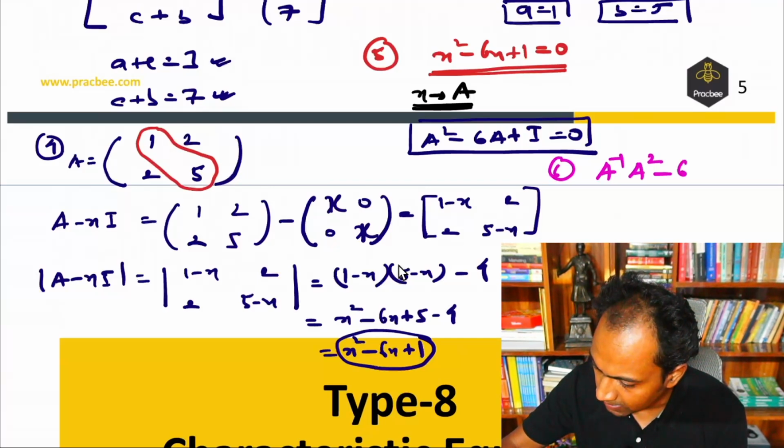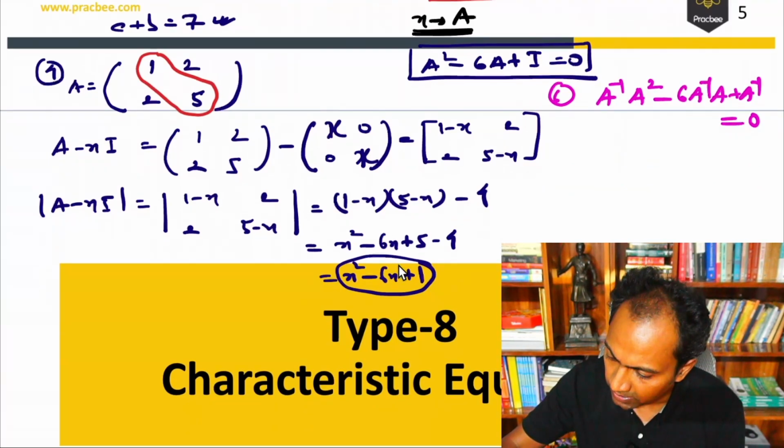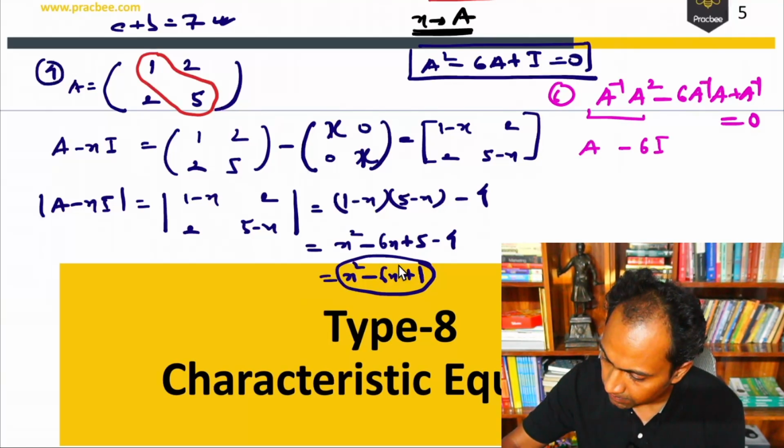So, this will become A square A inverse minus 6 A inverse A plus A inverse is equal to the null matrix, and if I further simplify, this part will become A. The next part will become minus 6I plus A inverse is equal to 0, and A inverse ultimately comes out to be minus A plus 6I.